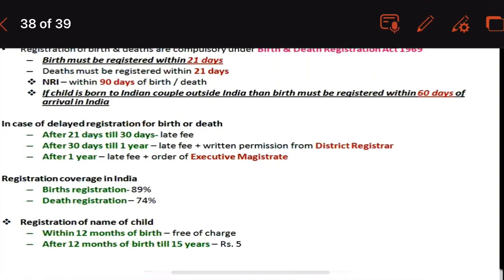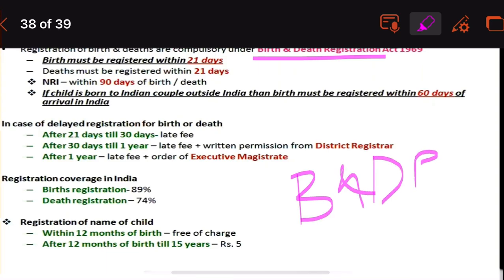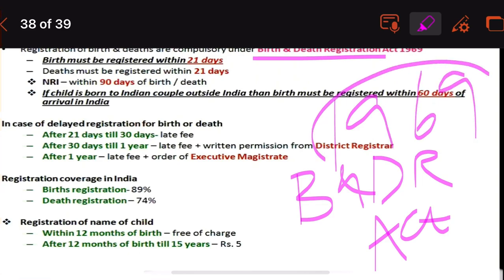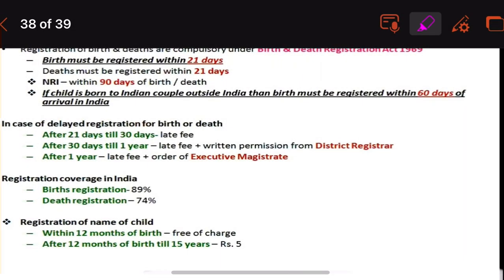The registration of birth and the registration of death were made compulsory under the Birth and Death Registration Act, which was passed in 1969. Under this act, the birth must be registered within 21 days and the death must also be registered within 21 days.